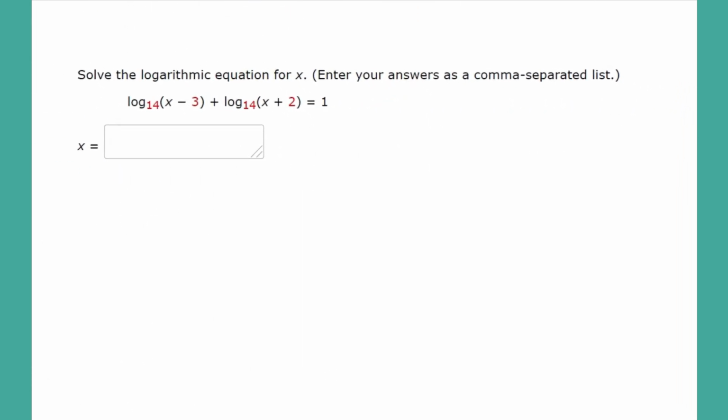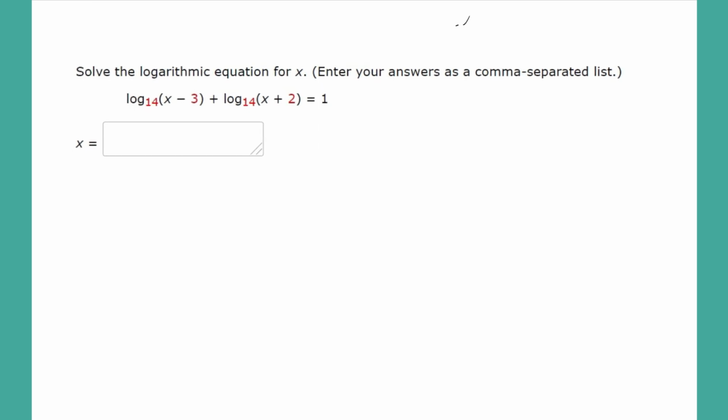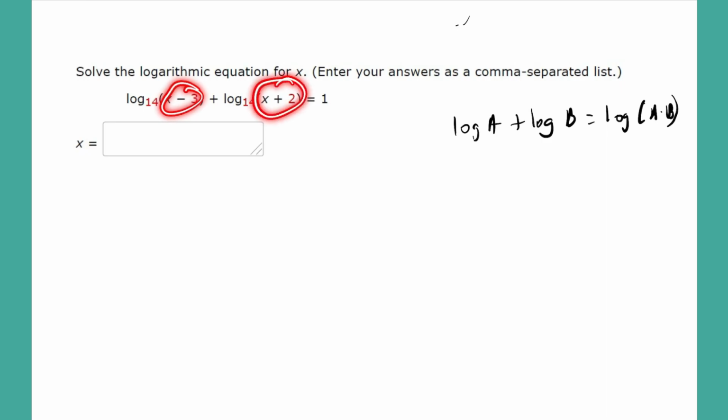This next one, we do want to use the law of logarithms that allows us to combine two logarithms into one. And in this case, since there's an addition sign here, that means we're going to multiply a times b. All right, so when we multiply those two, you're going to have to expand that out.